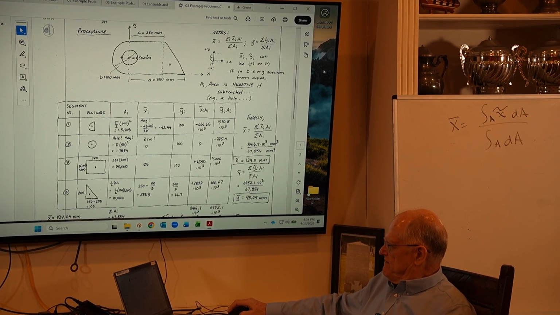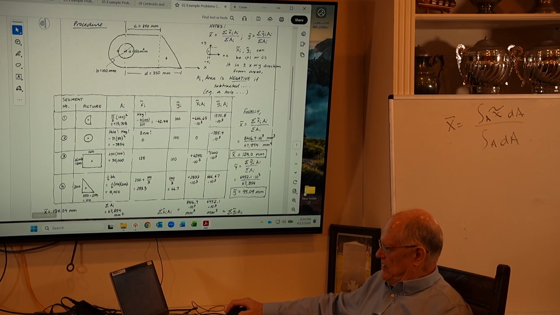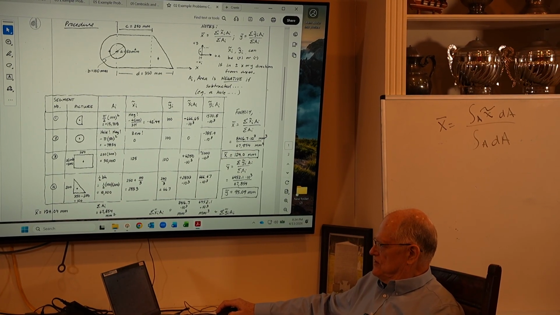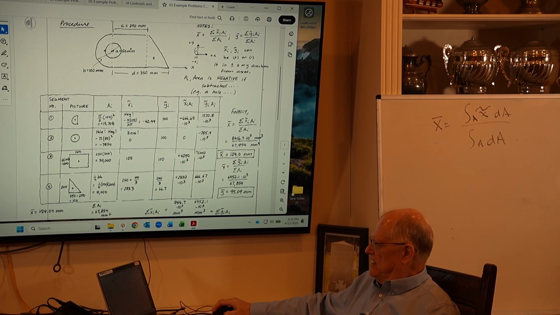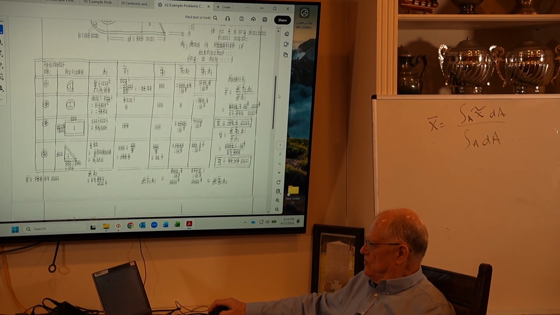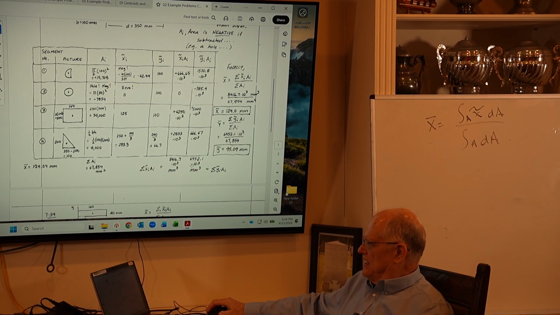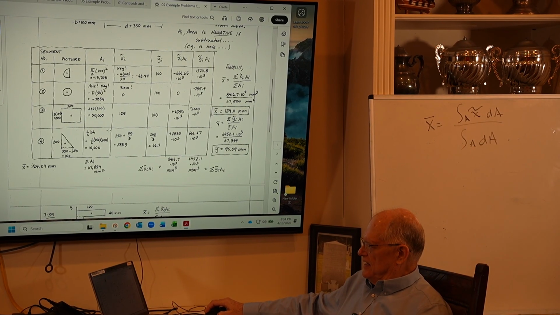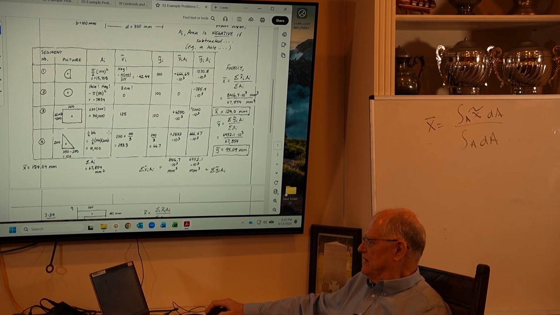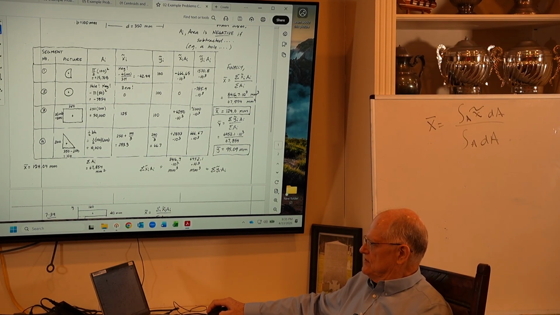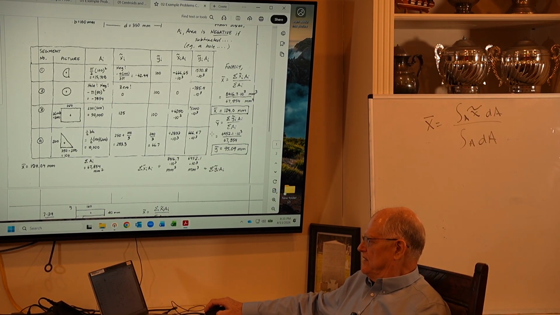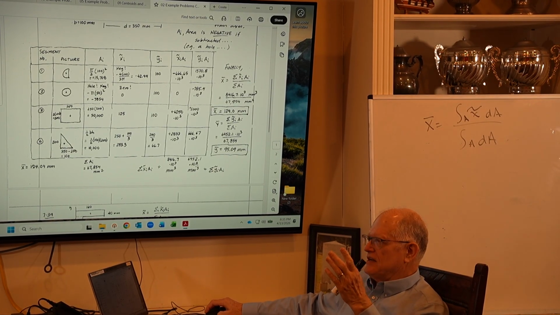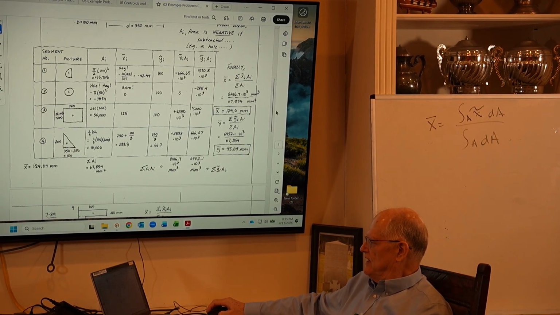Once you identify all of the areas, all of the x tildes, all of the y tildes, you just sum the x times A and then sum the y times A. Those give you the numerators. If you sum the areas, that gives you the denominator. The x bar is the sum of the xA's divided by the sum of the areas, and the y bar is the sum of the yA's divided by the summation of the A's.